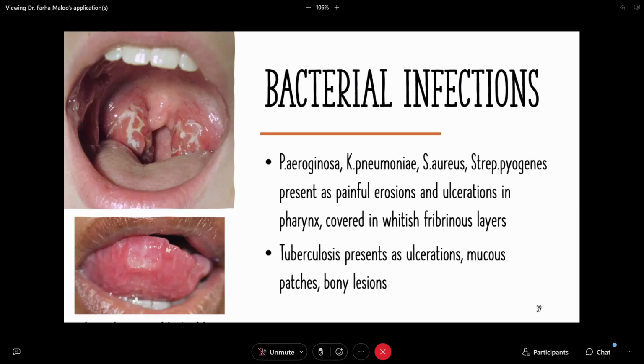Tuberculosis is another bacterial infection which presents as ulcers which are painless, but on biopsy we can see that they have caseous necrosis along with multinucleated giant cells, lymphoid cells, and epithelioid cells.